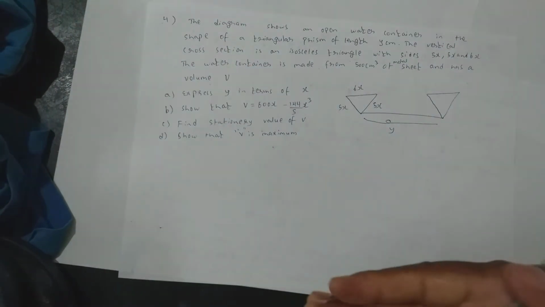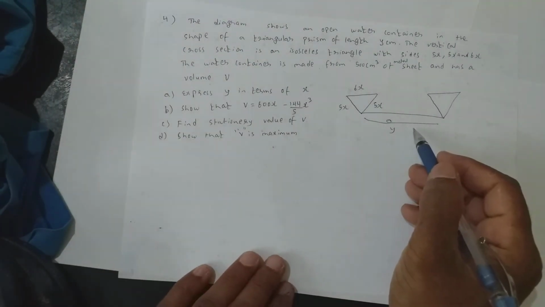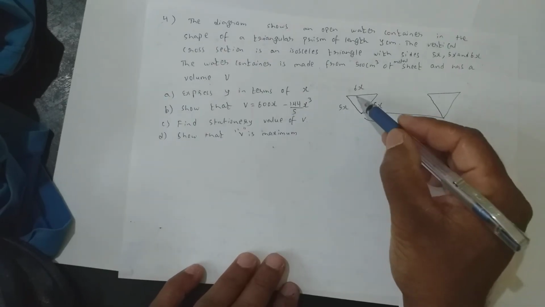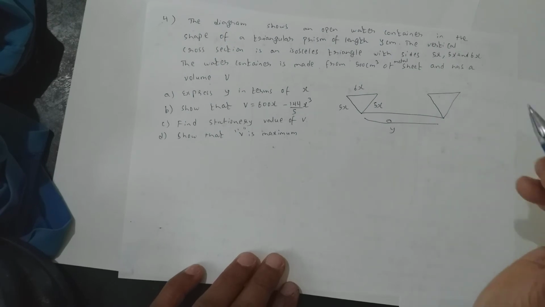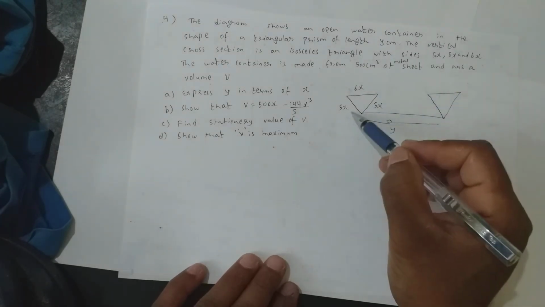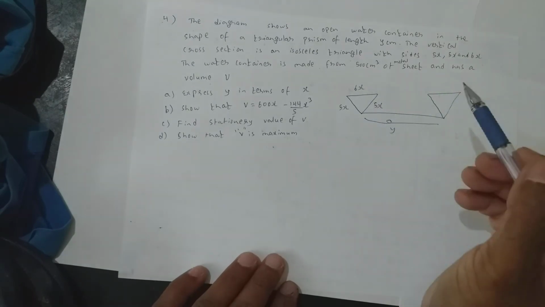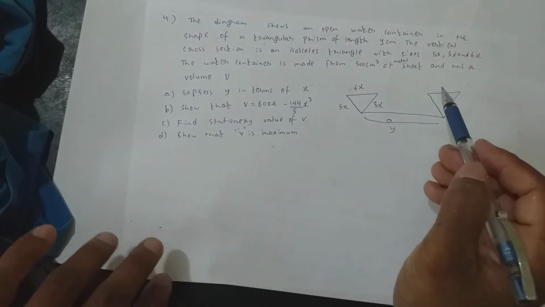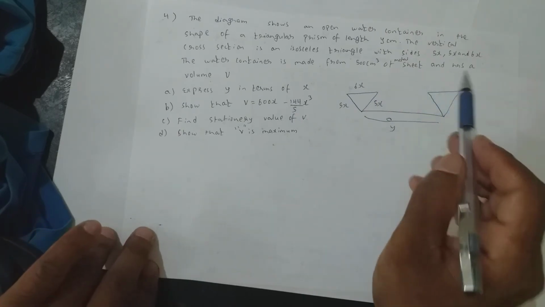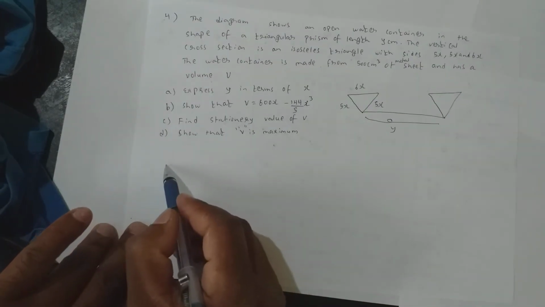The vertical cross section at the front and at the end is an isosceles triangle whose sides are 5x, 5x and 6x. The water container is made from 500 centimeter cube of metal sheet. So what will be 500 centimeter cube? That will be the perimeter.